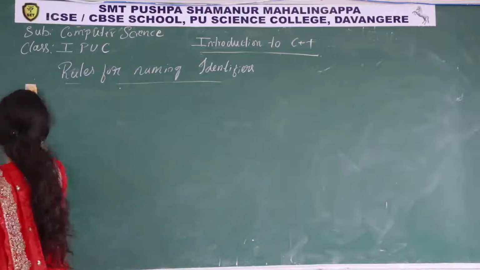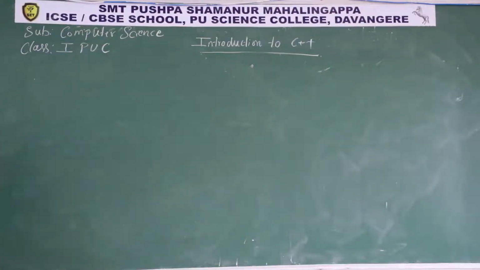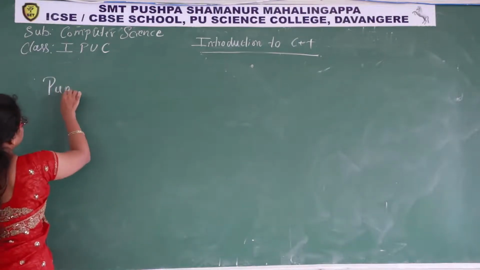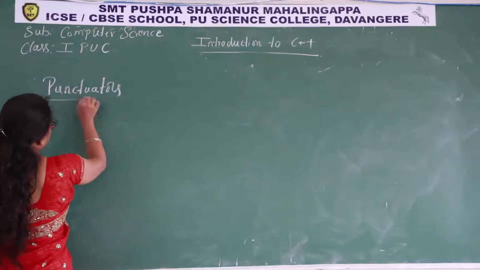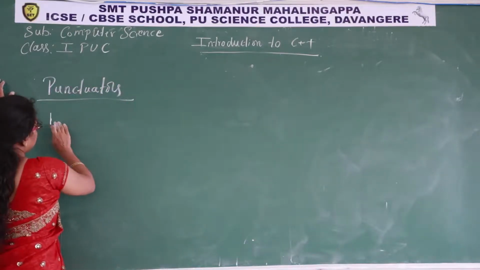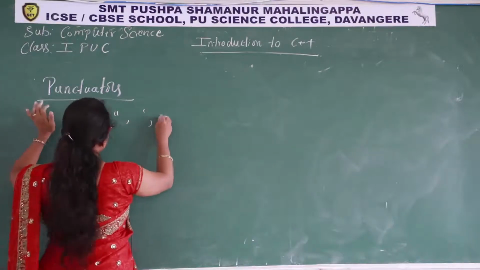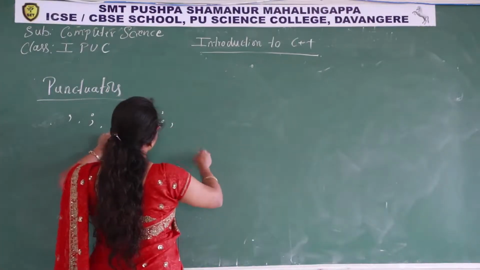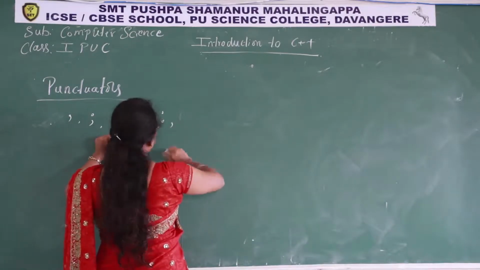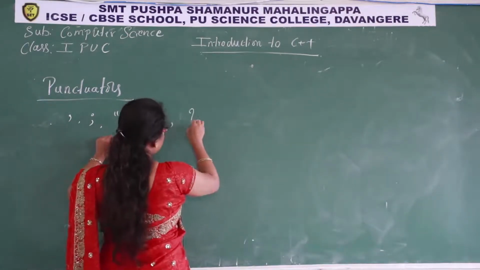And punctuators. Punctuators: comma, semicolon, double quotes, single quotes, colon, okay, then question mark.